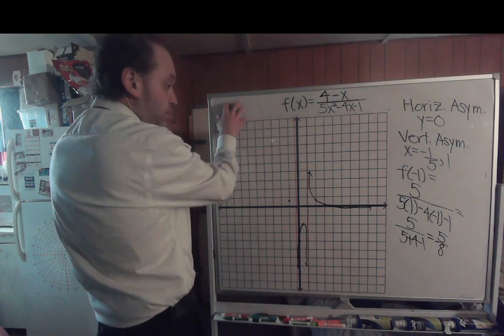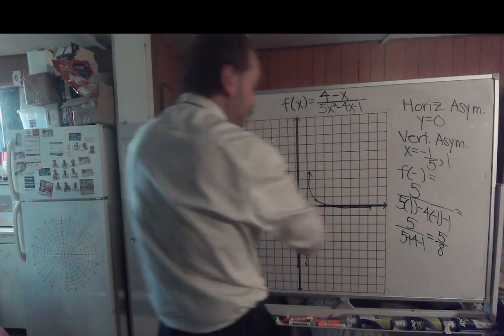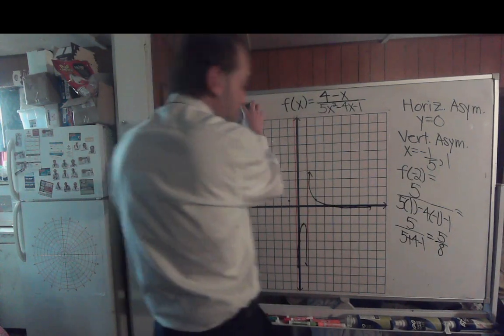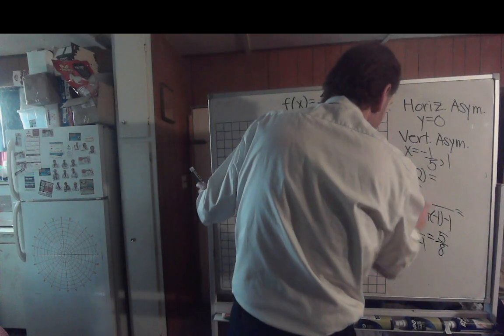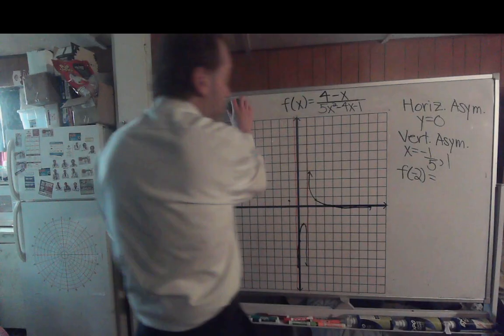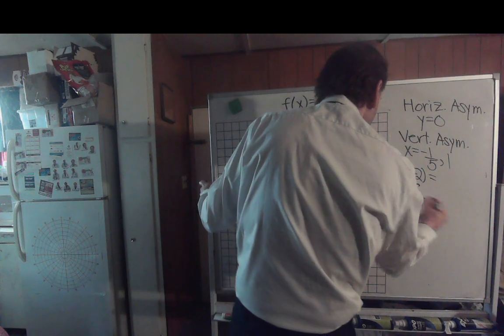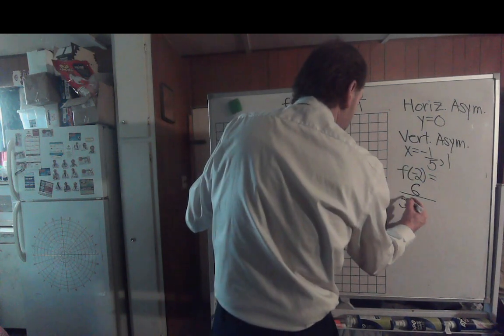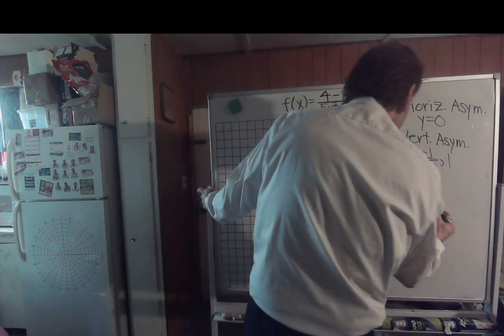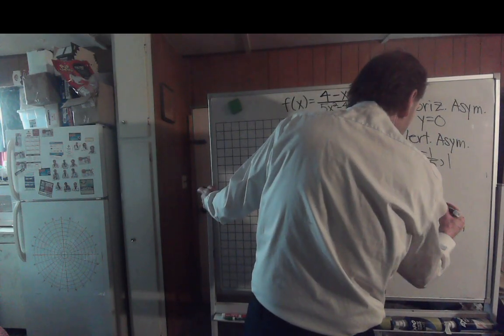Now what about we do negative 2? Alright, well, 4 minus negative 2 would turn into 6 over 5 times, let's see, that'd be 4 if you take negative 2 to the second, minus 4 times negative 2 minus 1.